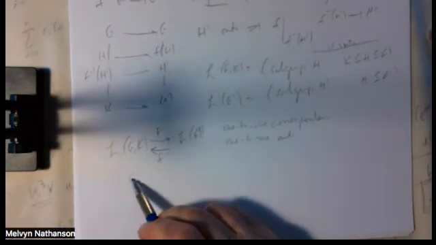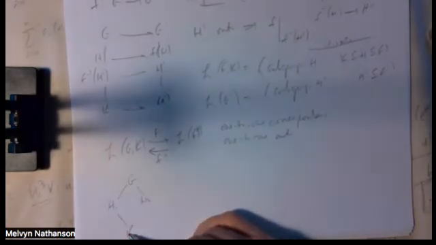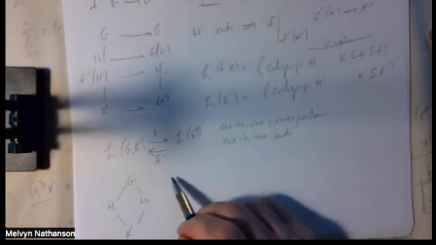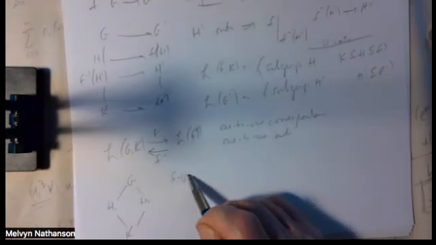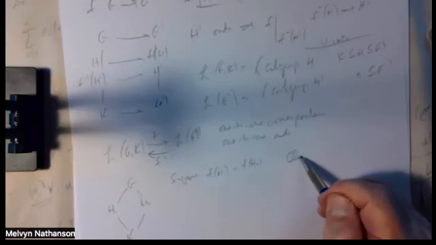Let's draw a picture. G, suppose I have two different subgroups, H1 and H2, both containing K. Suppose F of H1 equals F of H2. I want to show H1 equals H2.